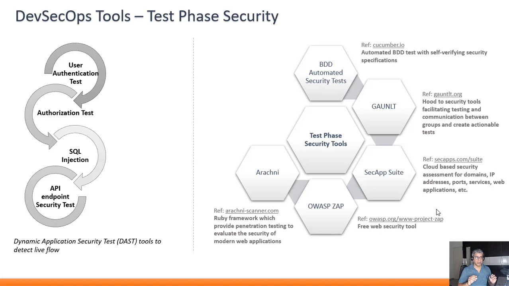So there are a lot of testing activities that need to be part of this test phase. The security testing needs to be done, and that's where the tests come into the picture. BDD automated security test, Calls, SecApp Suite, OWASP ZAP, Arachni. These are some of the test phase security tools that can be used.